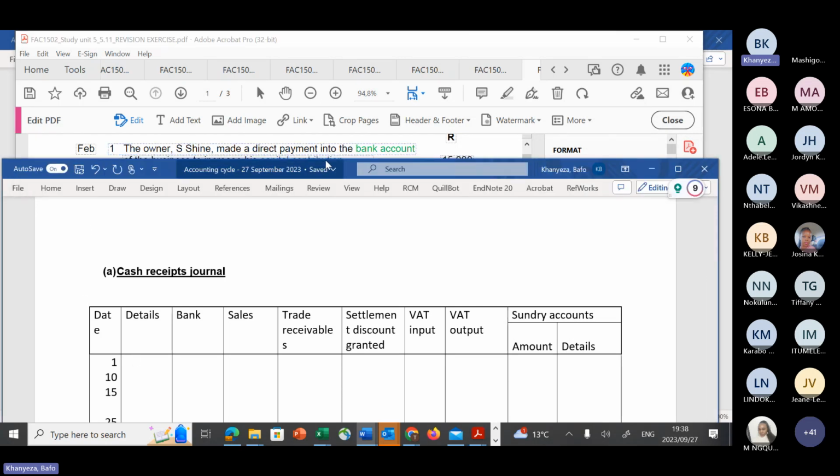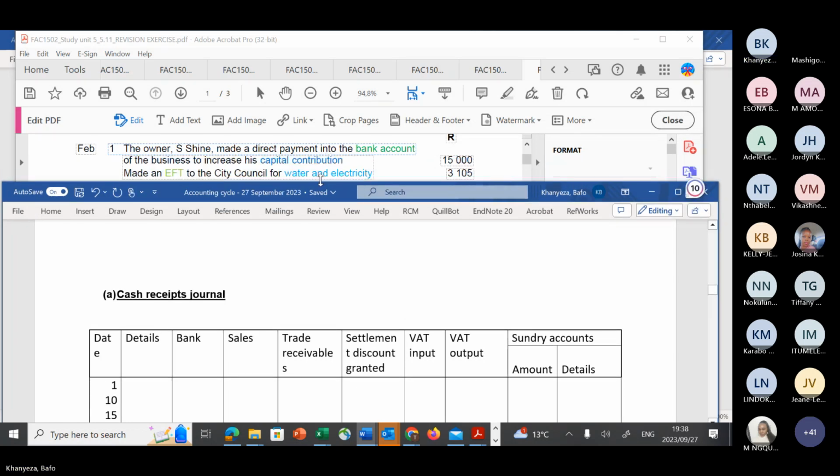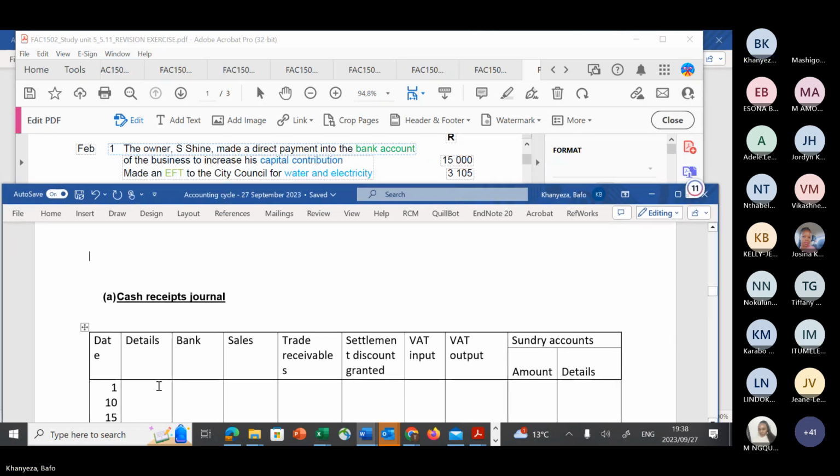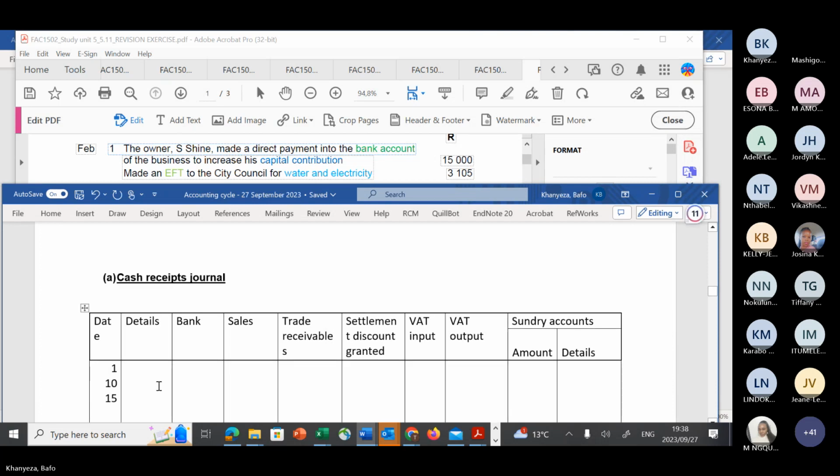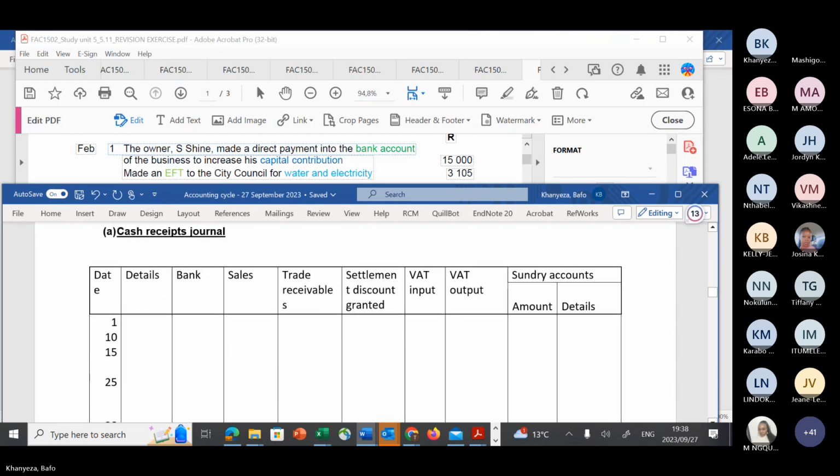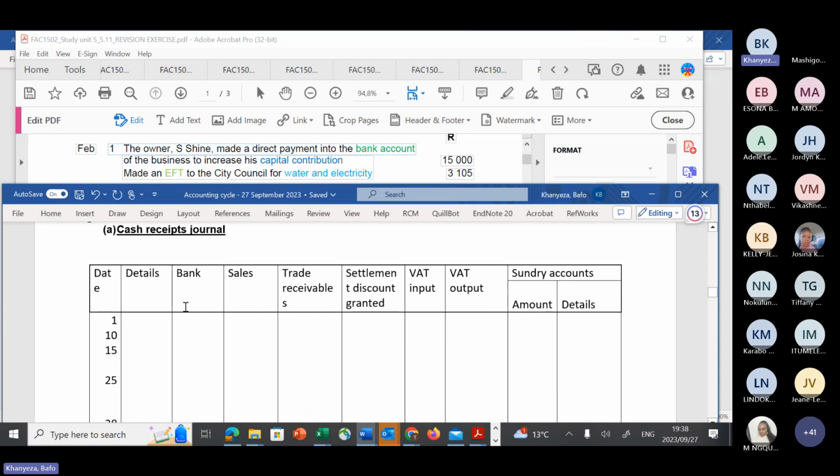Let's recognize this transaction. This is a cash receipts journal. Shine made a direct deposit on 1 February 20.1.